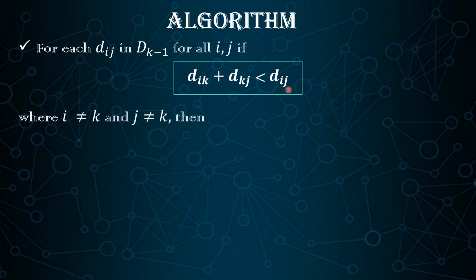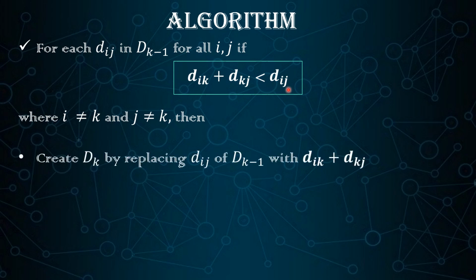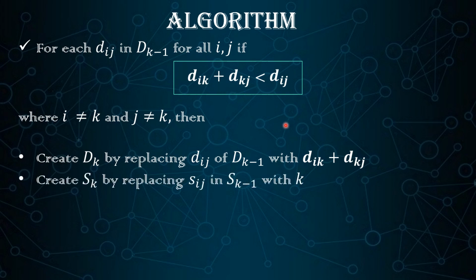Where i is not equal to k and j is not equal to k, then create Dk by replacing dij of Dk minus 1 with the value that is obtained, dik plus dkj, and create Sk by replacing sij in Sk minus 1 with k if this condition is satisfied. Else, we write down the same value which was previously obtained if it is not satisfied.